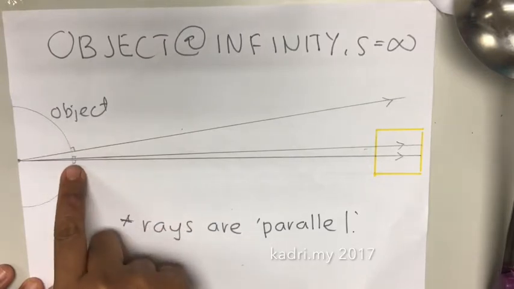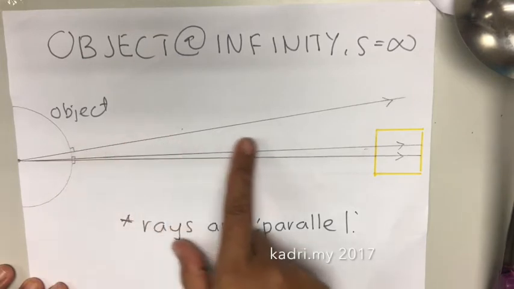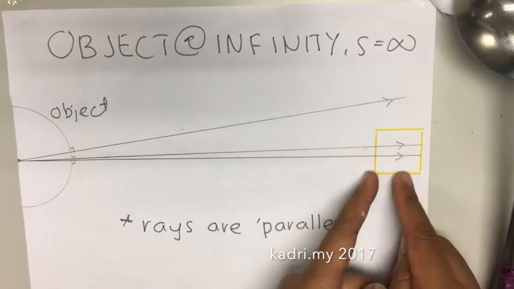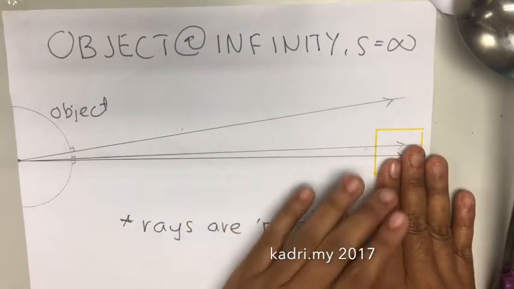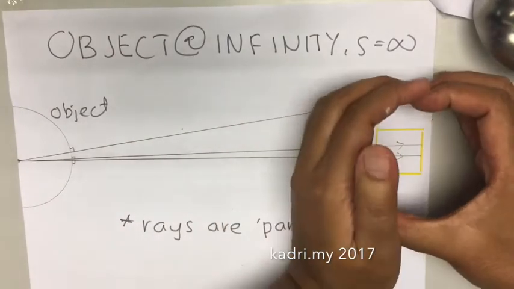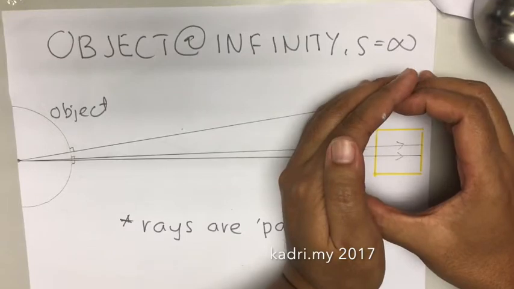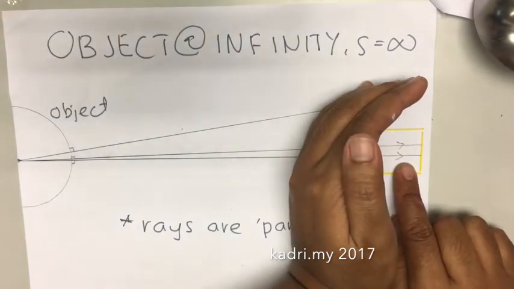Okay, so if we are far away from the object and we look at a small part of the rays, at a position very far from the object, we can see that these rays look parallel, but actually they are not.